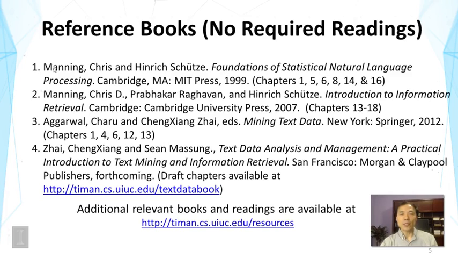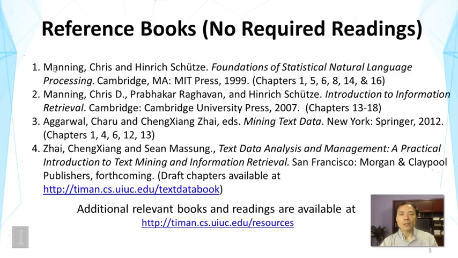The third book is actually a collection of survey articles, and it has broadly covered all the aspects of mining text data. The most relevant chapters are also listed here. And in these chapters, you can find some in-depth discussion of cutting-edge research on the topics that we discuss in this course.